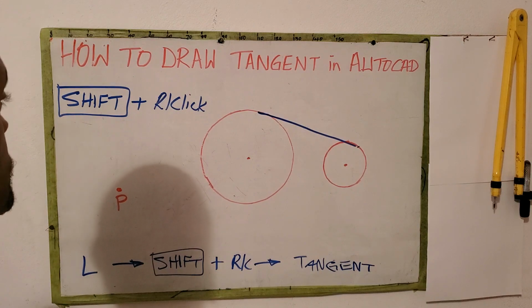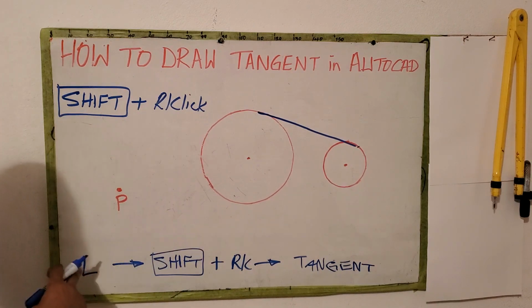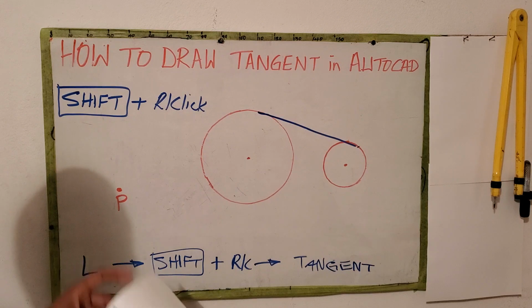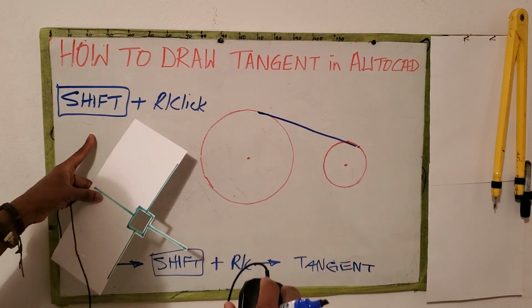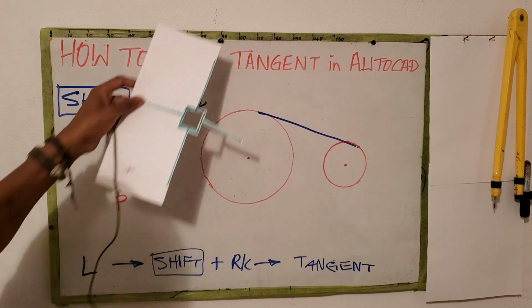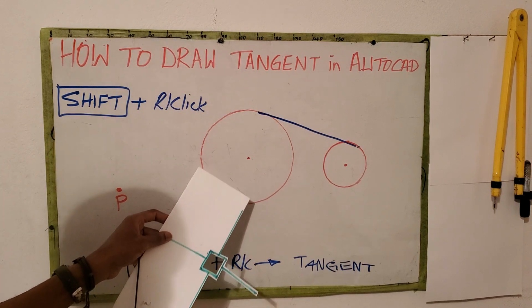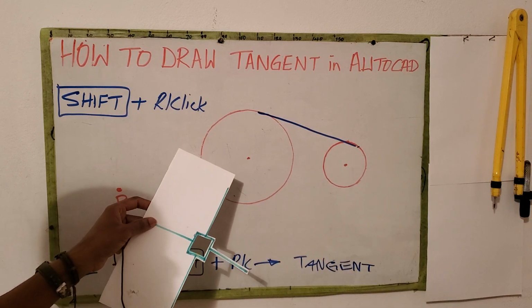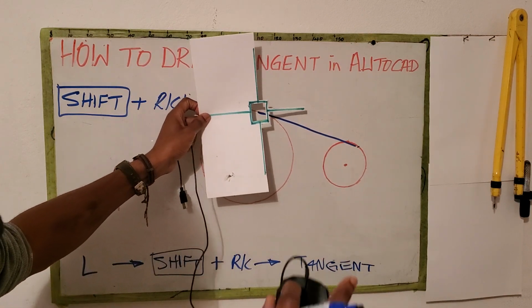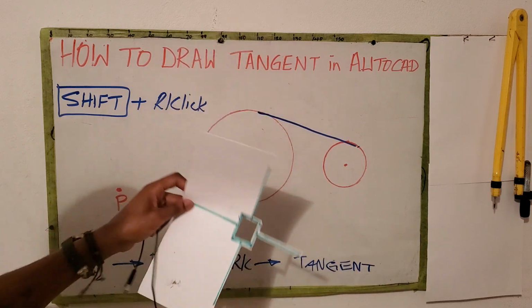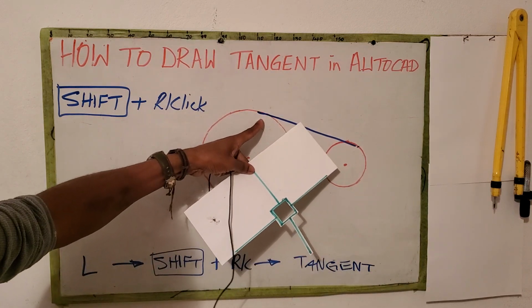All right, let me repeat the steps again. The first step is to activate line, which is L, enter. Hold down the shift key, then right click on the mouse. Then go down to tangent, left click for tangent, then go across to any of the circles, left click to get the first tangential point.